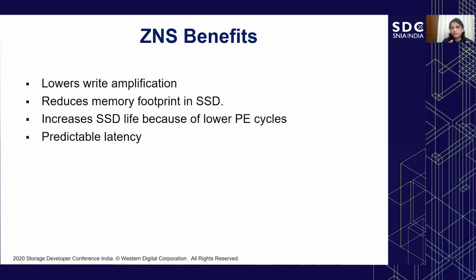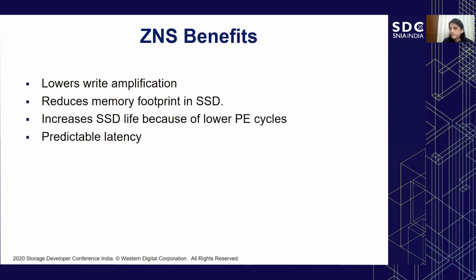So that increases the cost of the SSD. But with a ZNS drive, we don't need to have an FTL in the drive, because the host is managing the mapping. So you don't need to have that much DRAM, and that kind of reduces the cost.